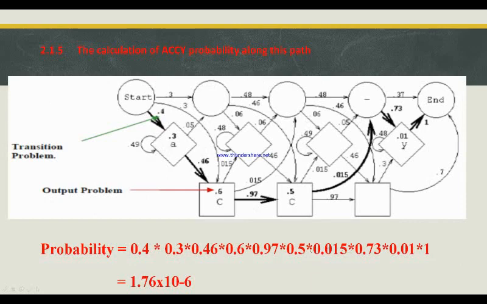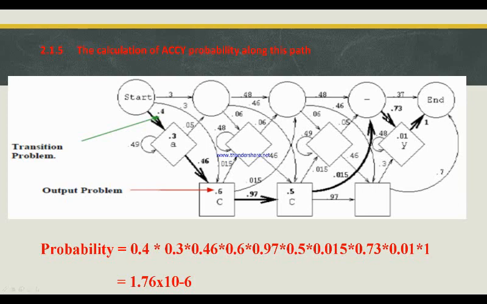And then after 0.015, it goes to the Y state, which is the diamond state, which is insert Y, because it has already skipped the C part, I mean the box part.